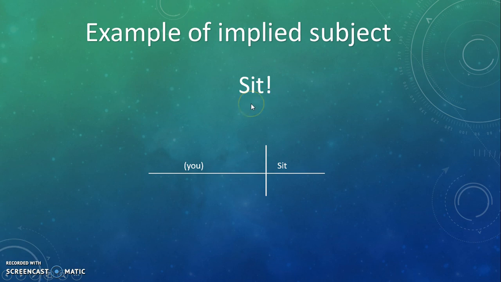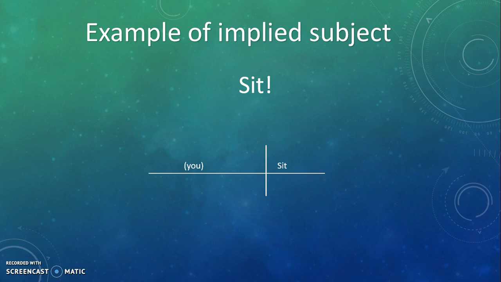Here's your whole sentence. Sit. I think I say that too in class sometimes. In any case, you is implied, you sit. So you is over here with parentheses around it. And then sit is here. Now notice that sit is capitalized. If it's capitalized in the sentence, it needs to be capitalized in the diagram. And there it is. Pretty easy, huh? We'll get into longer imperative sentences later when you know how to do other things.